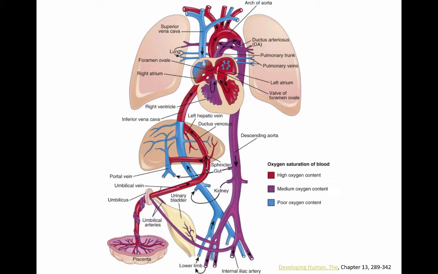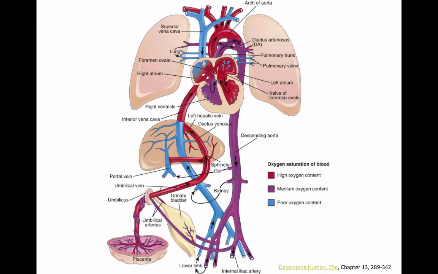As it goes through, we can go into the portal vein here, but we have this shunt, the first one of those shunts, the ductus venosus. So here's that ductus venosus bypassing the liver, going into the inferior vena cava, into the right side of the heart.